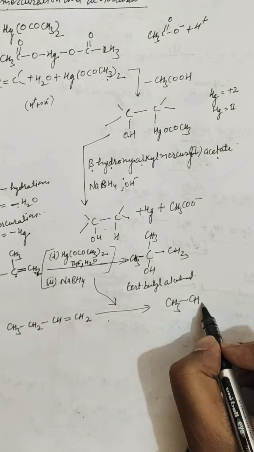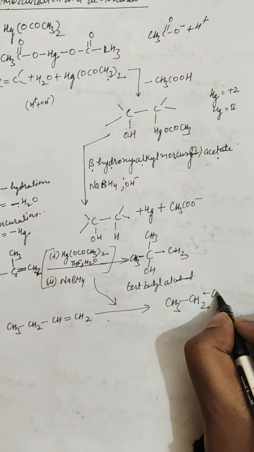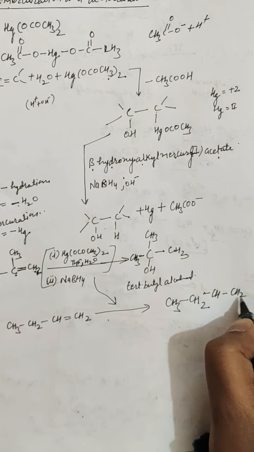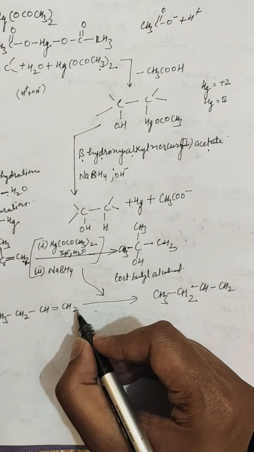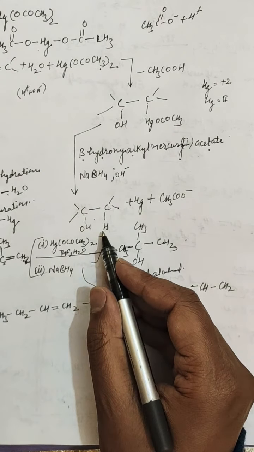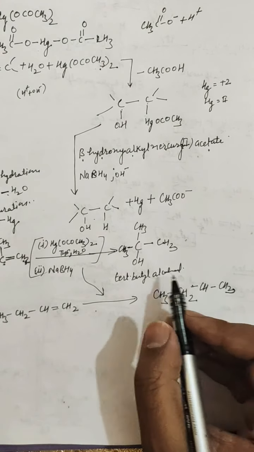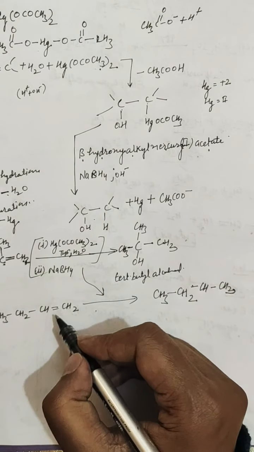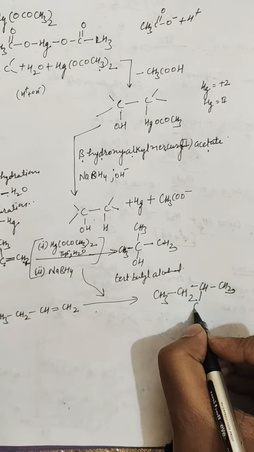So you can imagine, before I write the product here, this is the CH and this is CH2. Now this CH2 will gain the positive part of the addendum, and the positive part is the hydrogen atom, and this becomes a CH3, and further the carbon having the lesser number of hydrogens will get the negative part of the addendum, and that is OH.